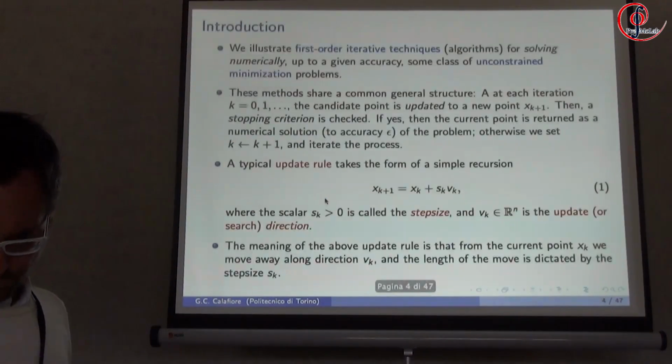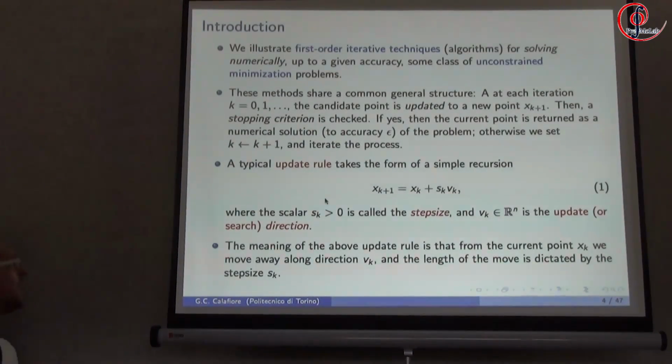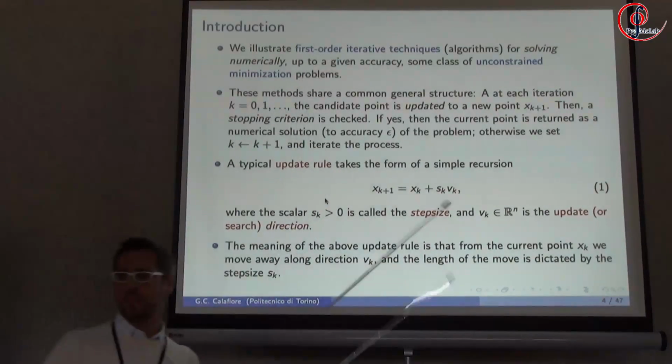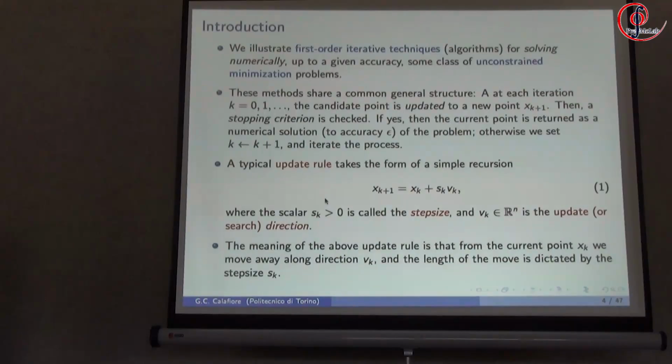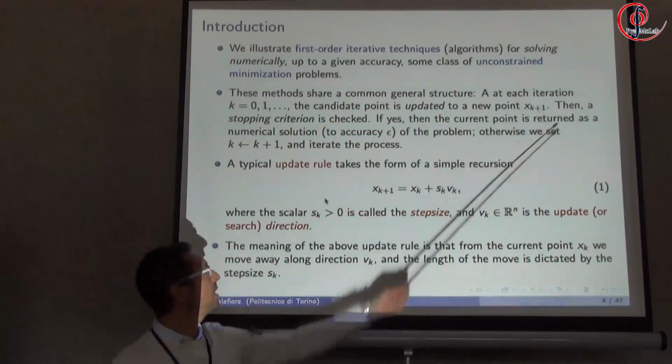So, by algorithm here we just refer to some iterative technique for solving numerically, up to some given accuracy, some class of unconstrained minimization problems. And the methods I talk about share a common, very simple general structure, where at each iteration, k being the iteration count, the candidate point is updated to a new point x_{k+1}.